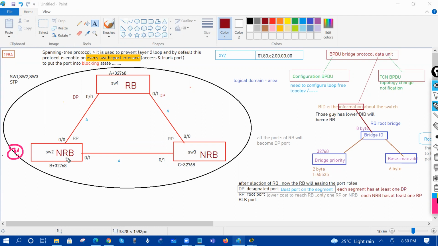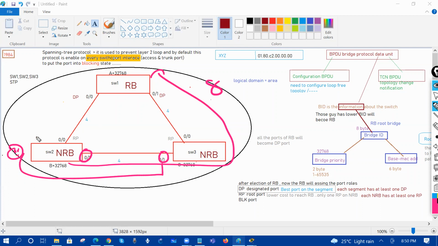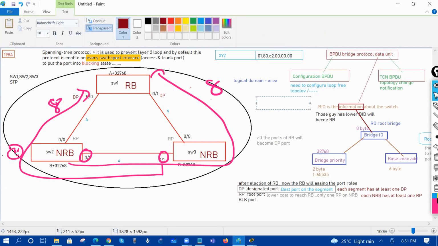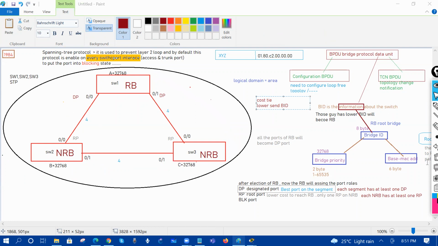Again, if I go from this port, this interface, to the root bridge, what is the cost? 8. From this interface, if I go from here to here, what is the cost? 8. If the cost is tied, then it will look at the lower sender bridge ID.